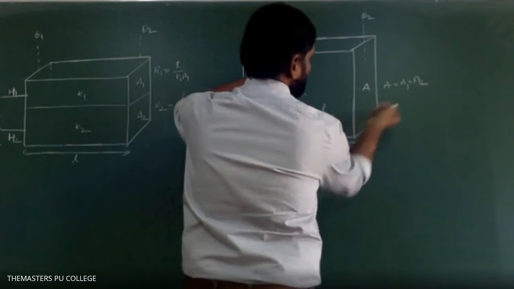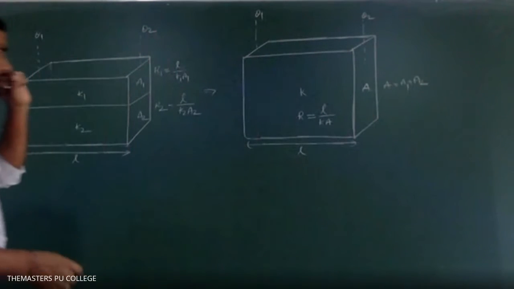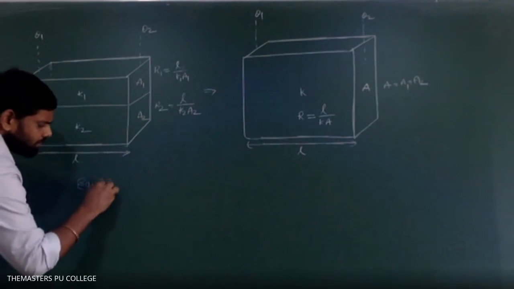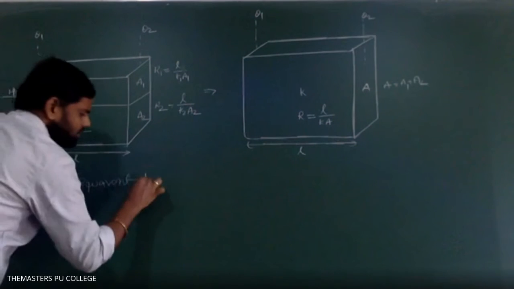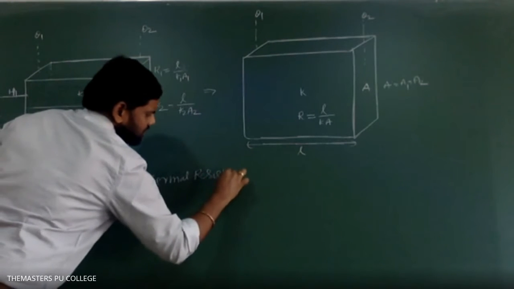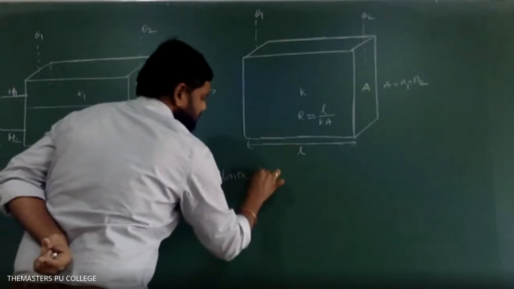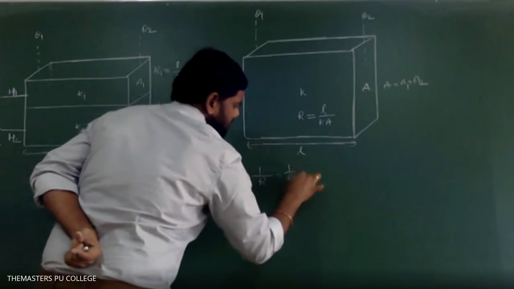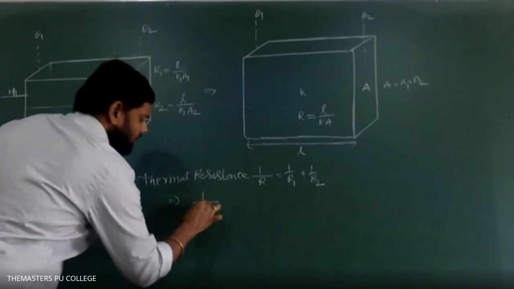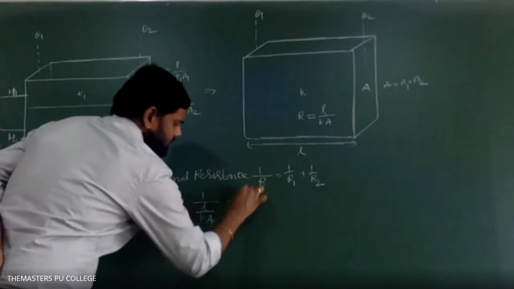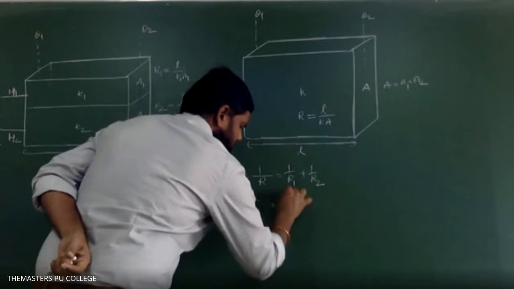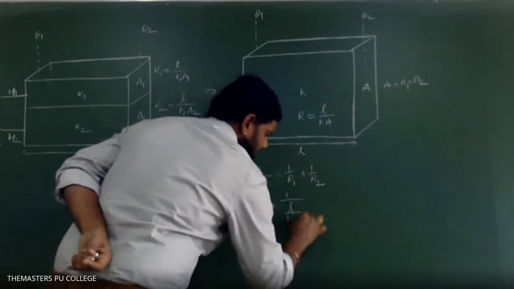So that implies A equals A1 plus A2 also. In parallel combination, the equivalent thermal resistance is given by 1 by R equals 1 by R1 plus 1 by R2. Therefore I can write 1 divided by R, that is KA by L, equals 1 upon L divided by K1 A1 plus 1 upon L divided by K2 A2.